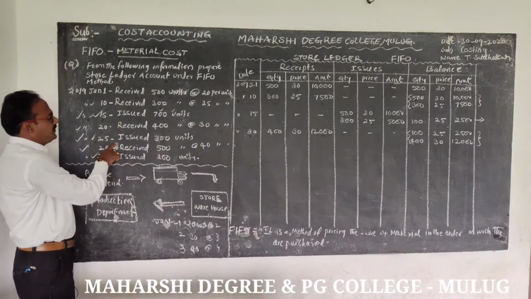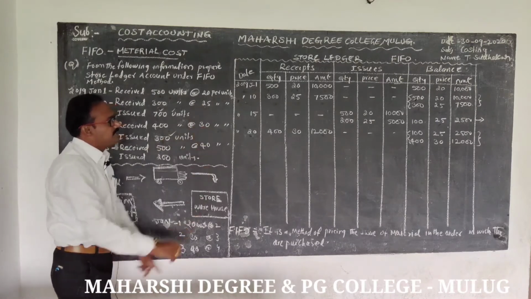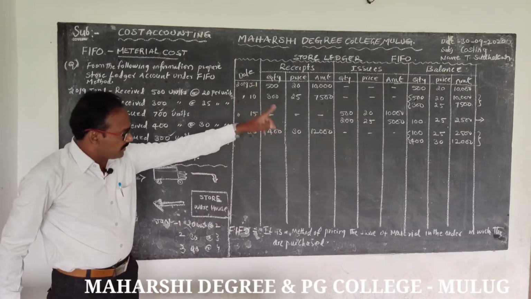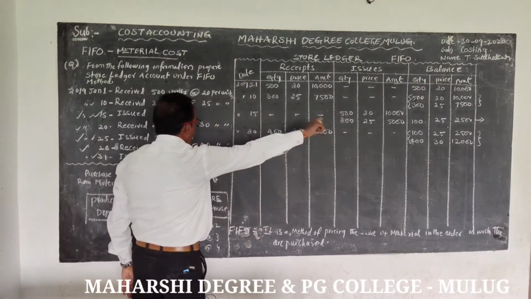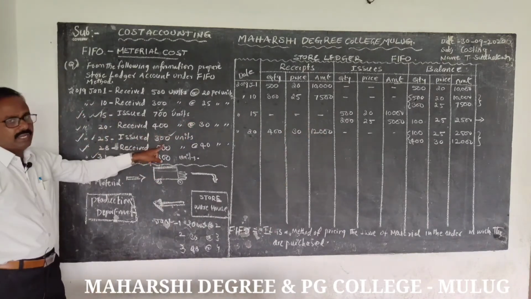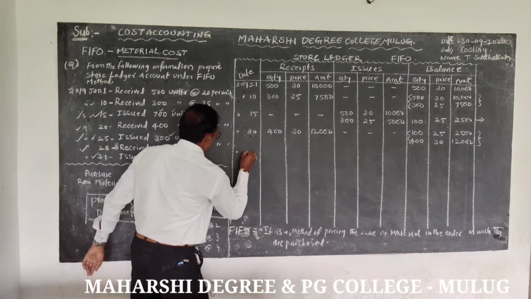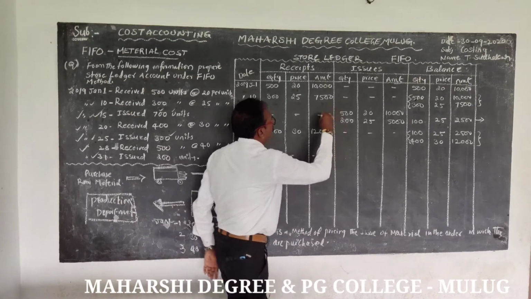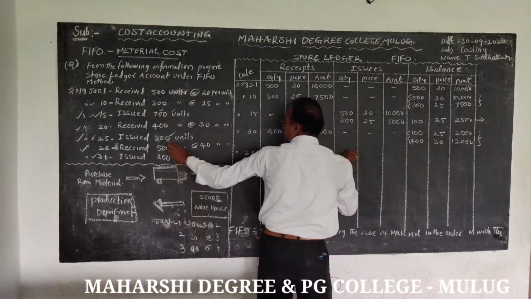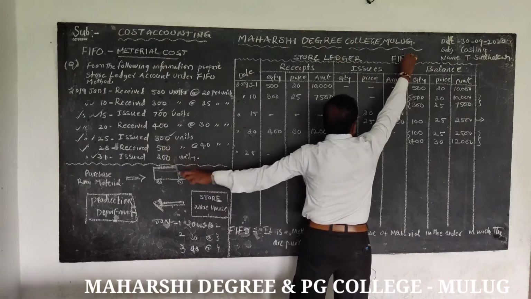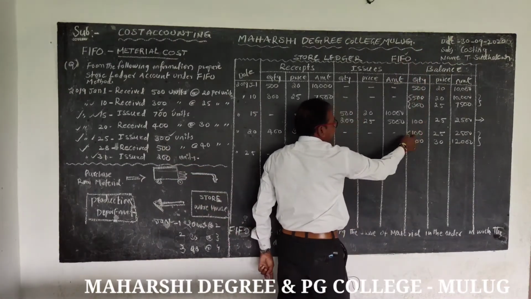Next, on the 25th, issued 300 units from the store. So 500 units are available and 300 units are issued. In the issued column, the 25th is posted: 300 units as per the FIFO method, first in first out.